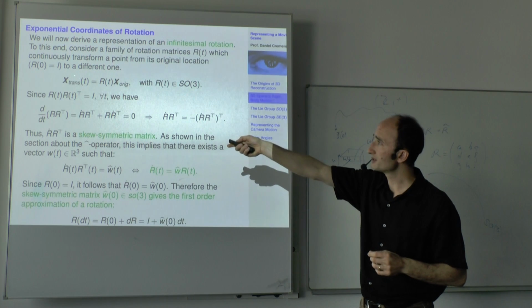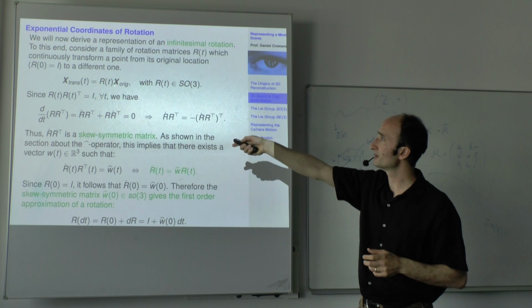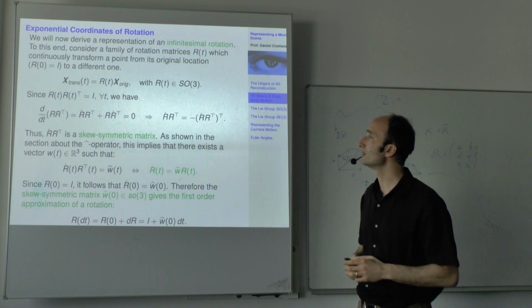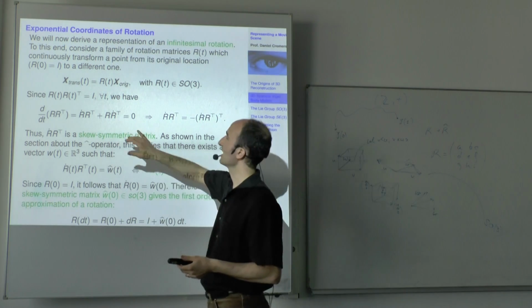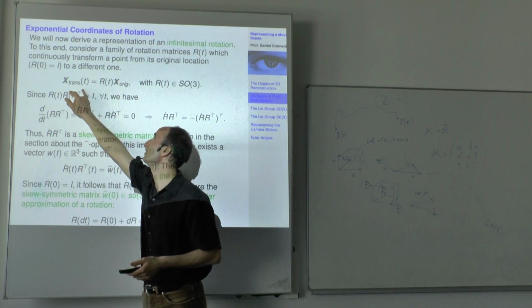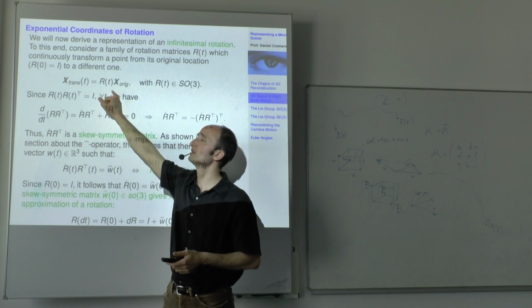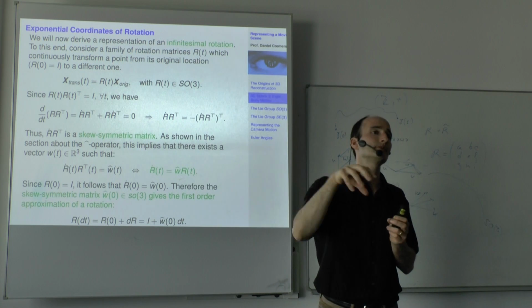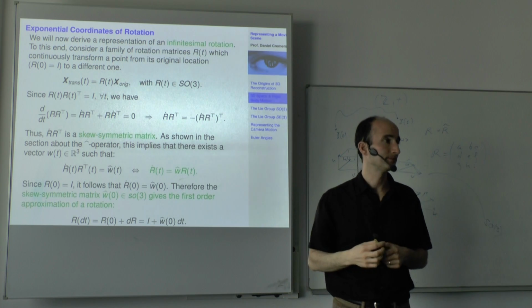And we consider the transformed points. X transformed at time t is the rotation applied to the original. So if you want, you can think of this as the coordinates of point x original at time t when I consider coordinates with respect to the current camera frame.